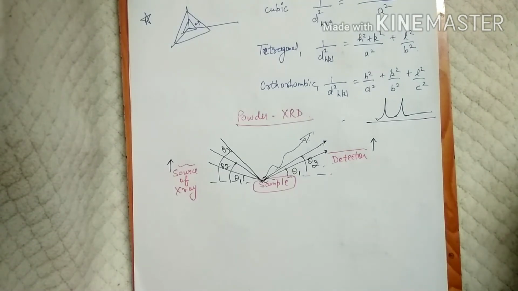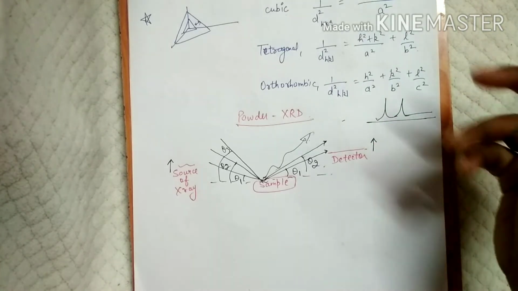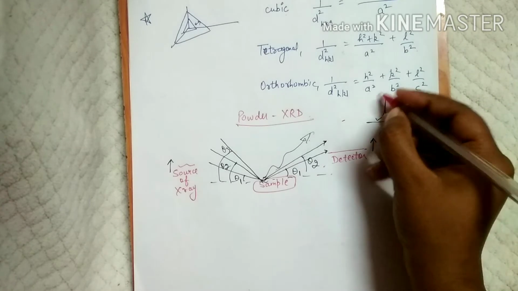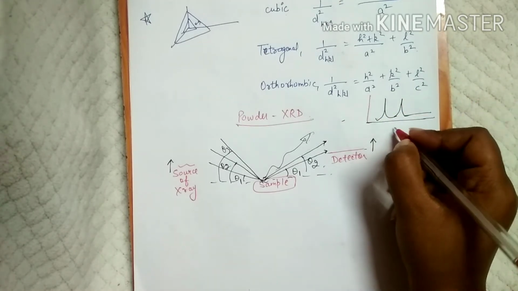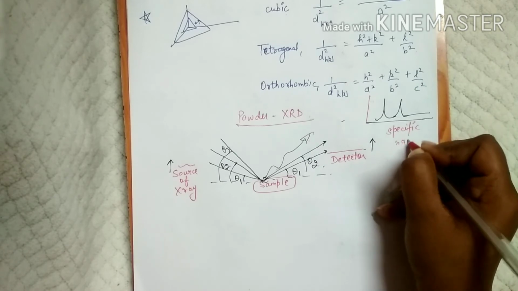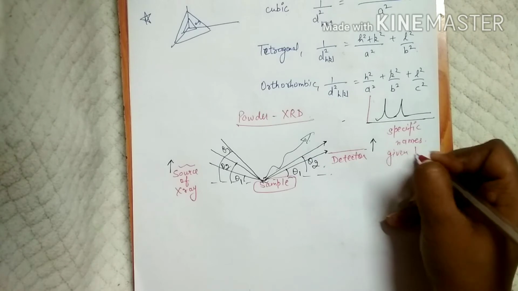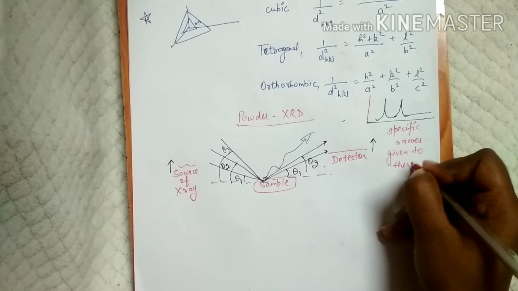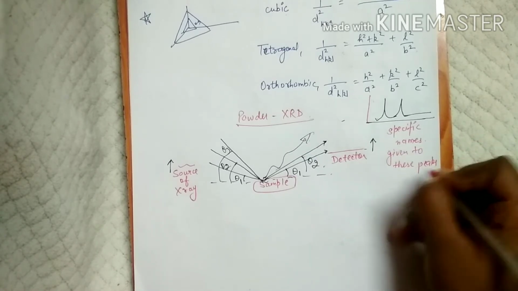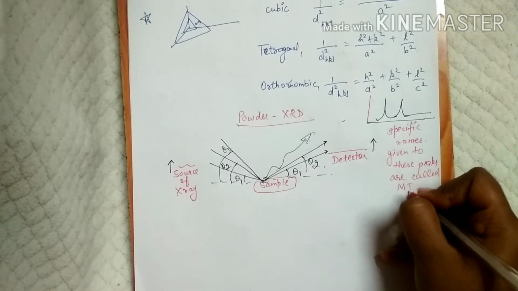So what happens here? These peaks which we are going to observe, the specific names given to these peaks are called Miller indices.